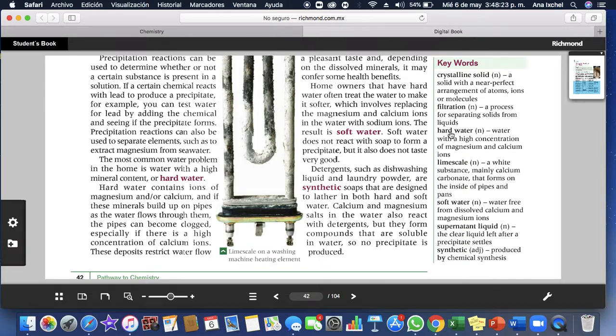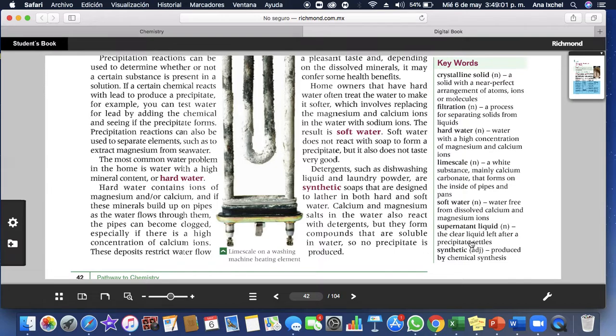And we have hard water, that is water with a high concentration of magnesium and calcium ions. And lime scale, that is a white substance, mainly calcium bicarbonate, that forms on the inside of pipes and pans. Soft water, that is water free from dissolved calcium and magnesium ions.